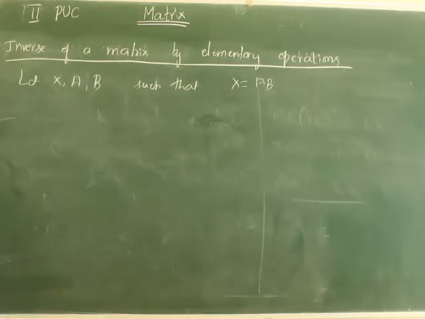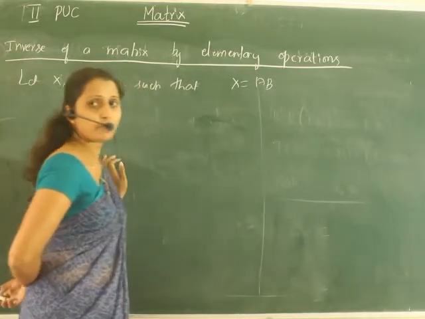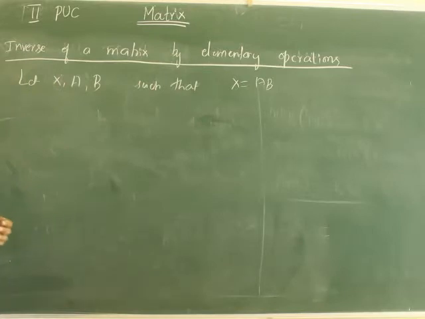If I want to perform operations, we know that there are two types: one is row operations and one is column operations.